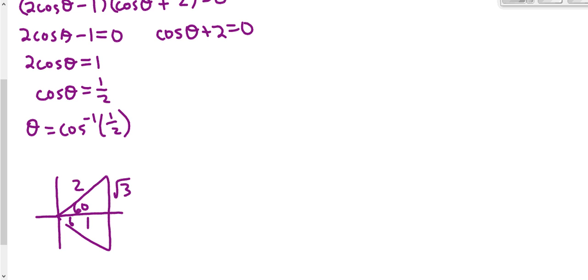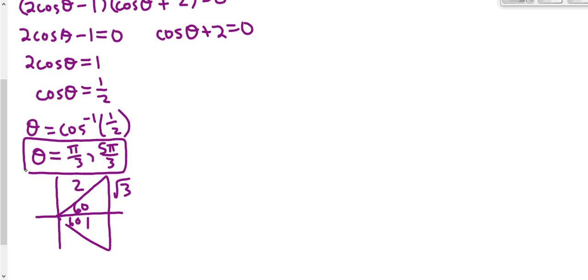So we're going to have a 60-degree angle down there as well. So 60 degrees is pi over 3 radians. So our answers for this part of the problem are pi over 3 radians, and for quadrant 4 it would be 300 degrees, and so it would be 5 pi over 3 radians. So we have 2 of our answers.